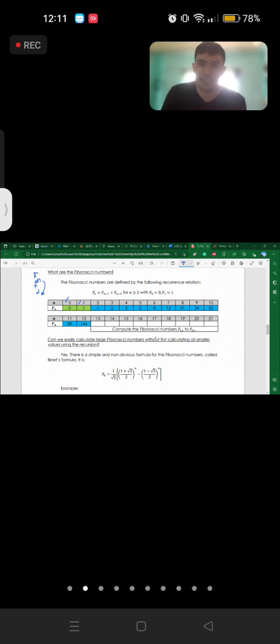That's why we have here F sub 2 is equal to 1, since 1 plus 0 is 1, or simply 0 plus 1 is 1. Same story applies until the nth F. F sub 10, that is F sub 9 plus F sub 8, 21 plus 34, or 34 plus 21, that's 55. F sub 12, that is F sub 11 plus F sub 10, 89 plus 55, we have 144.